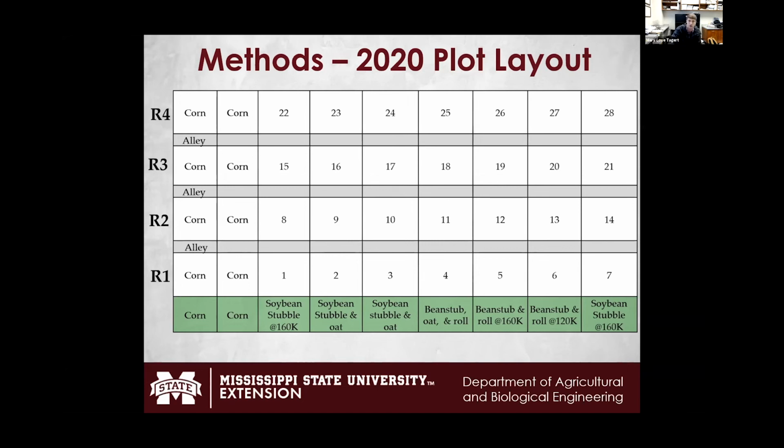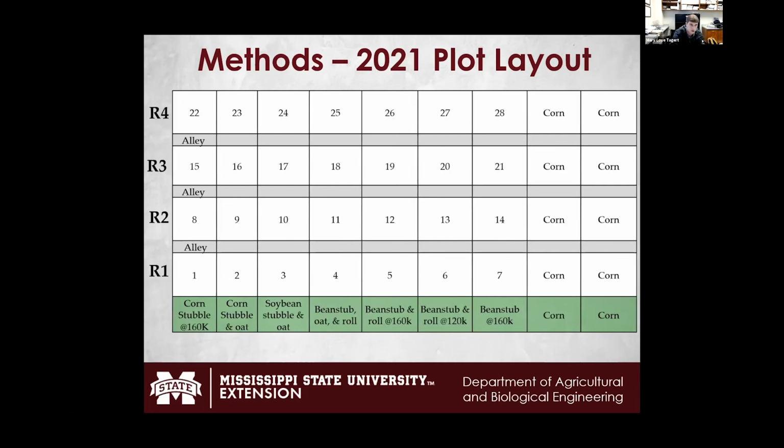In 2021, we will shift these to the corn to get into that corn stubble rotation. The oats were planted this year in this method, and then we'll plant the corn on the southern side of this plot layout to carry over into 2022 plots.